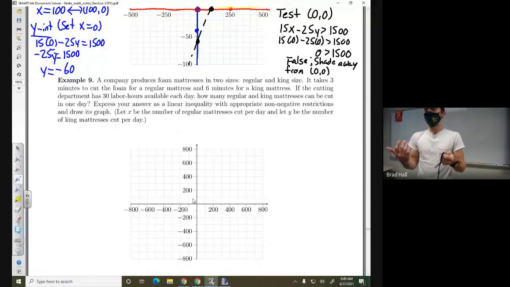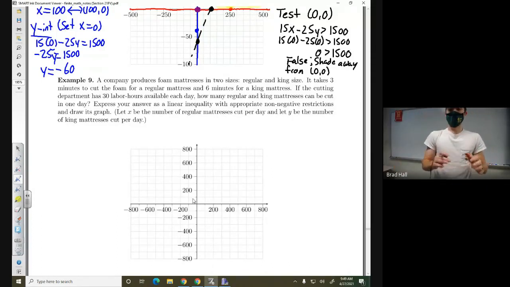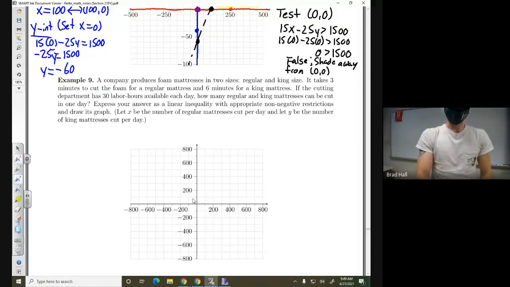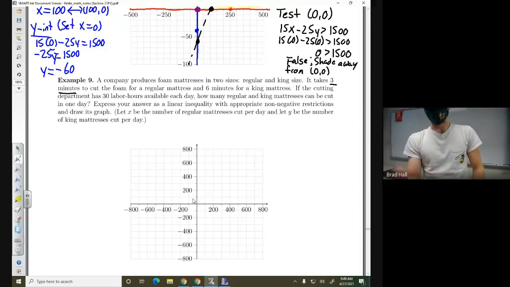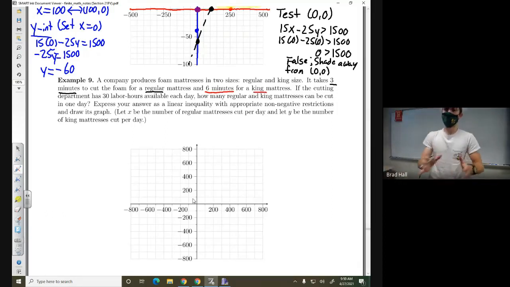So as you can see, this is a word problem. All of the wording aside, it takes 3 minutes to cut the foam for a regular mattress, 6 minutes for a king mattress. So they're telling us 3 corresponds to regular, 6 corresponds to king.